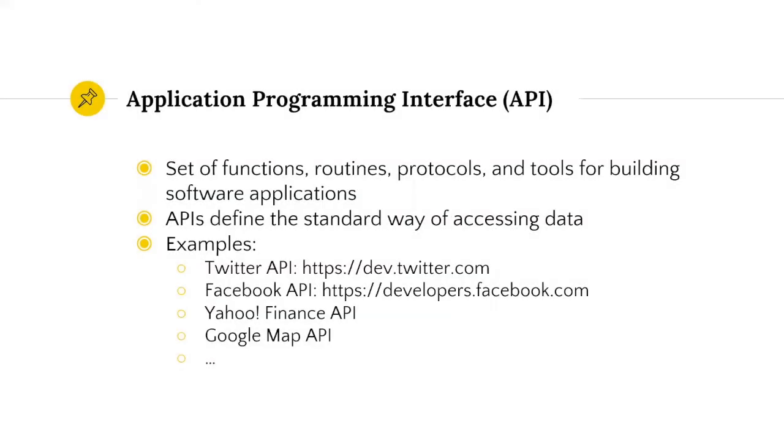Now, because of that, a lot of web services that are frequently the target of web crawling actually have an application programming interface, which allows people to access information in a legal manner. And even better yet, with some off-the-shelf functions they can utilize.